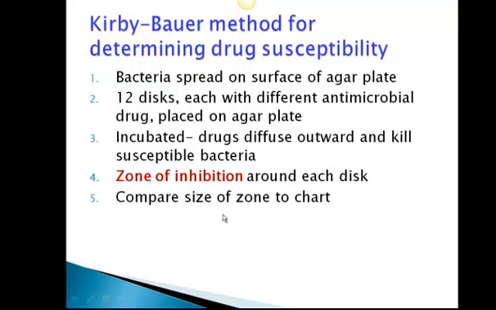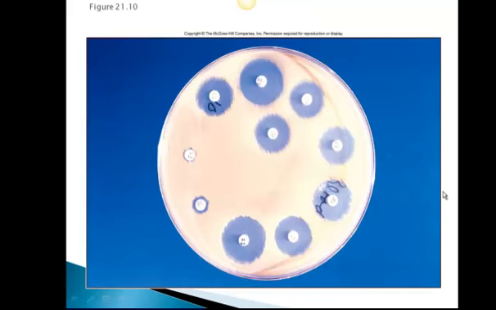You can compare the size of the zone to a chart based on normal antibiotic activity. So you can look for a drug-resistant strain, and then you would know exactly what to treat your patient with. This would be an example of such a test. Each of these little discs has a different antibiotic, and you can see when the bacteria is streaked here that the antibiotics that are effective at killing the microbe will have a larger zone of inhibition.